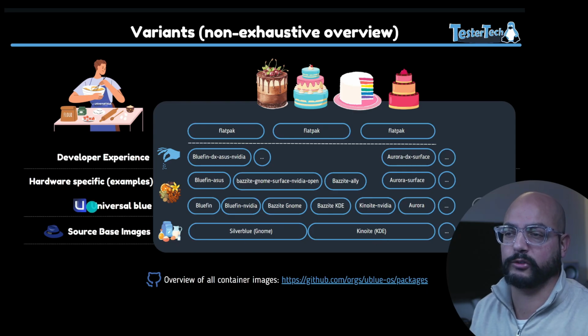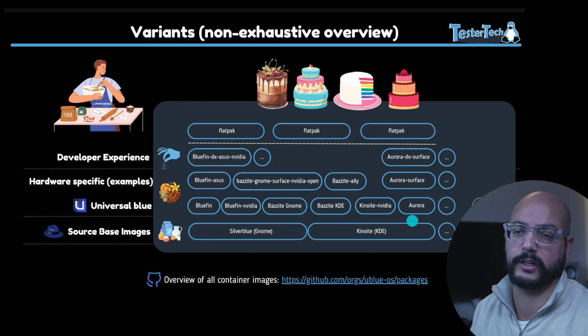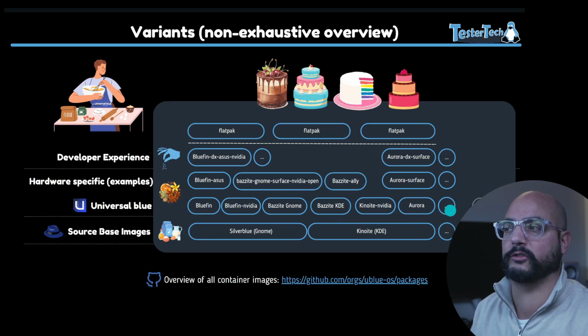And Universal Blue adds their own spices to it. They say batteries included, but let's call it spices to stick with the whole cake analogy. They add Bluefin, Bluefin-nvidia, Bazzite GNOME, Bazzite KDE. So here you have the GNOME stemming from GNOME and stemming from KDE, Bazzite KDE, Kinoite, NVIDIA, Aurora, and many others more.